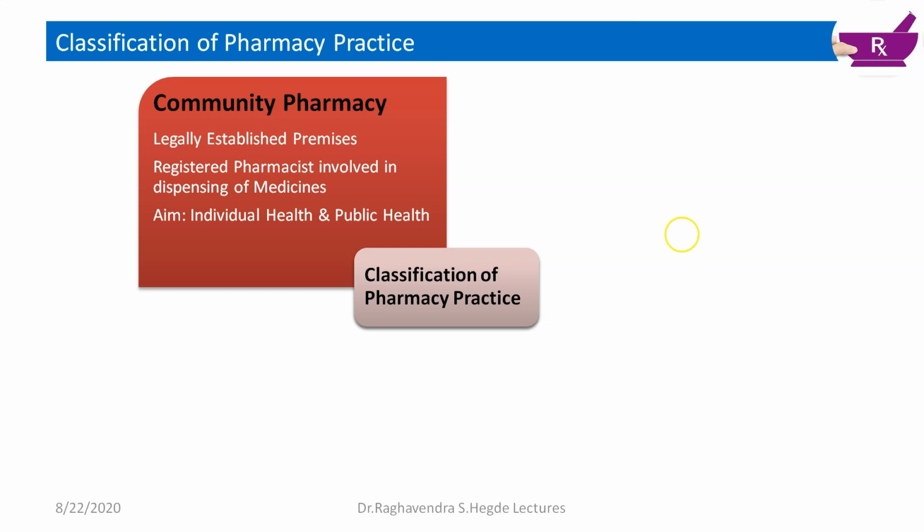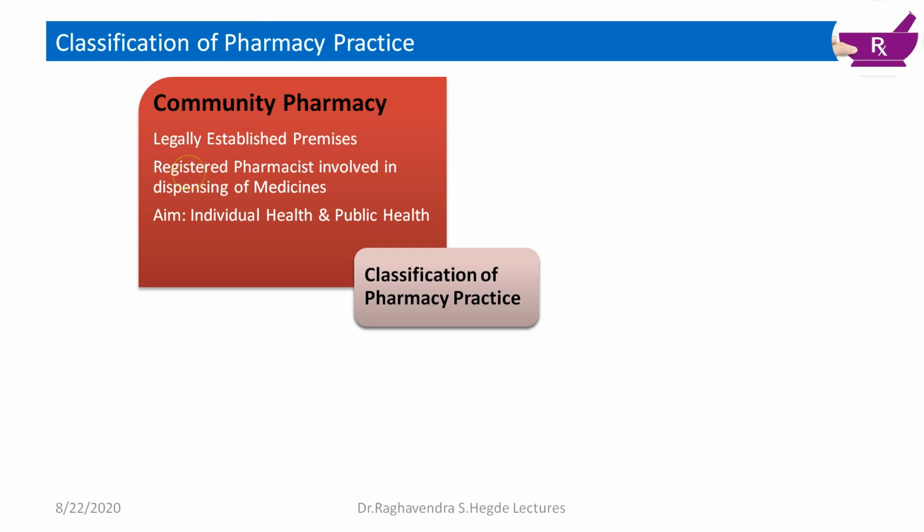Community pharmacies are legally established premises where registered pharmacists are involved in dispensing of medicines. Registered pharmacists are those whose names have been registered in the particular state councils and who are qualified as a pharmacist. To qualify as a registered pharmacist, the minimum education in India is D.Pharm, which is Diploma in Pharmacy.